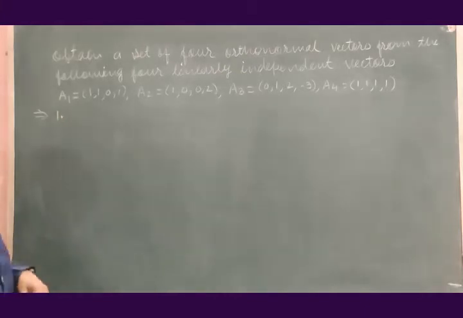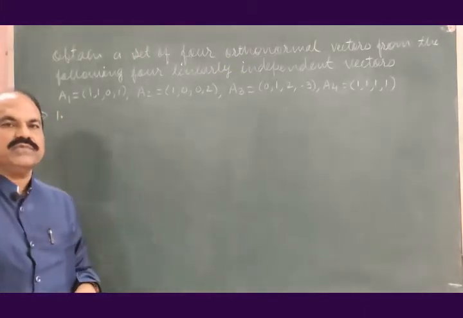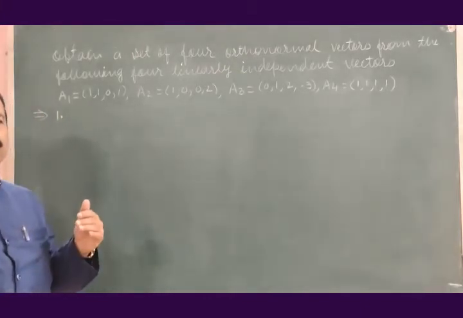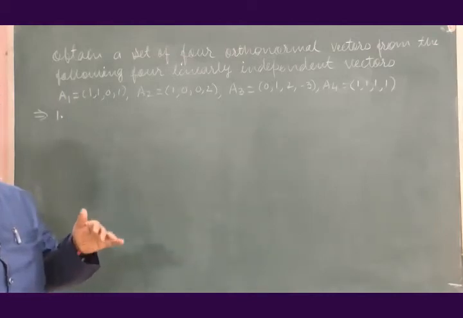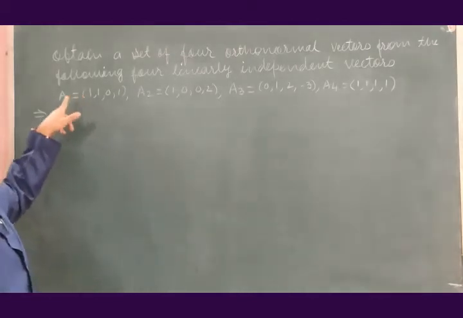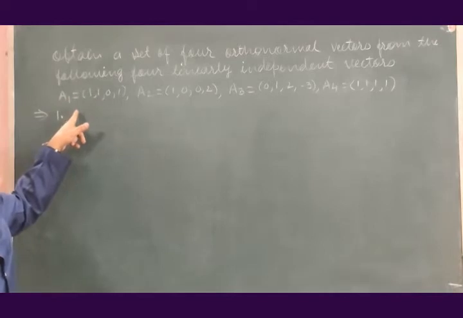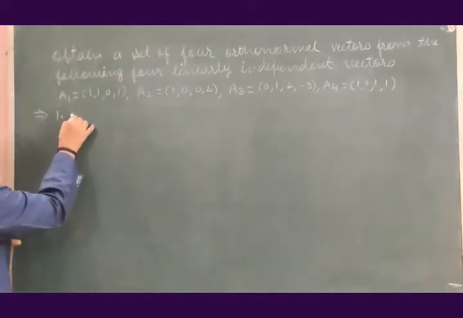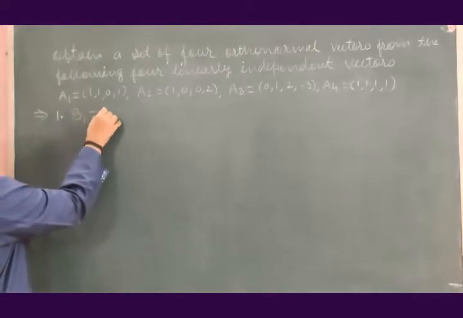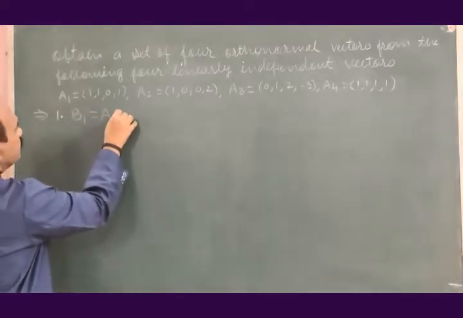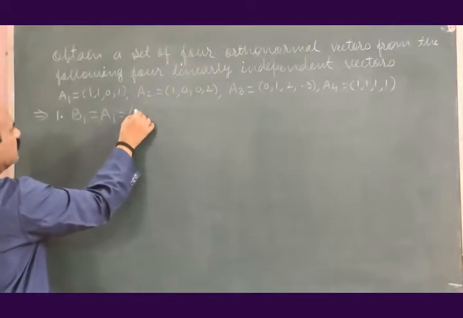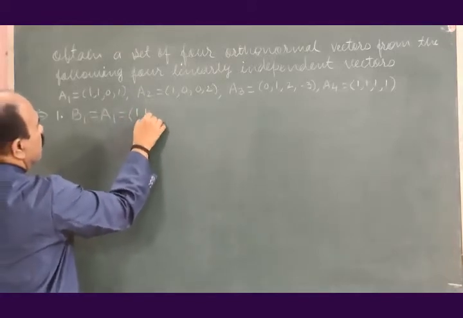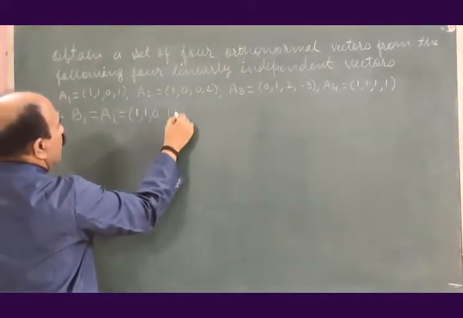Step 1. What is step 1? First orthonormal vector B1 is equal to the first vector from the linearly independent vectors. So B1 is equal to A1, that is nothing but (1, 1, 0, 1).